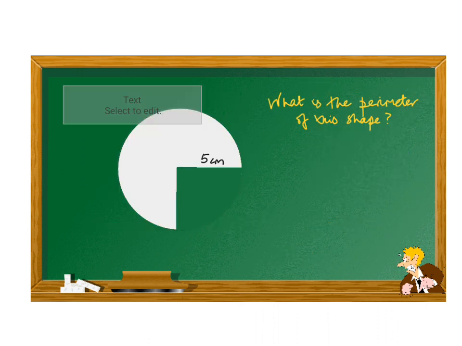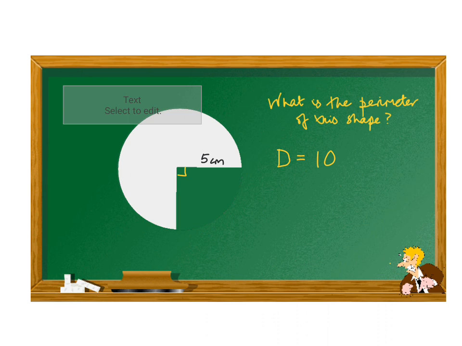So we can do some quite interesting things with this. For example, if we're asked for the perimeter of this shape, imagine you are here and we want to trace all the way around the perimeter of this shape, which includes those two straight lines. So I think we are told, let's assume, that this is a right angle here. So we have a radius of 5 centimeters. If we know the radius is 5 centimeters, then the diameter is 10, because it's just double the radius.